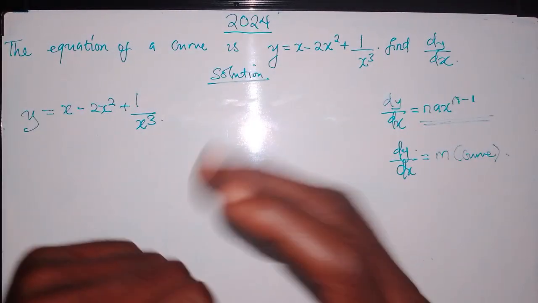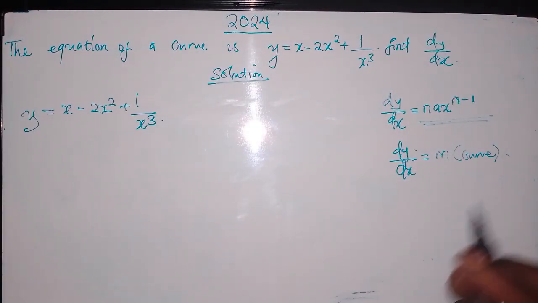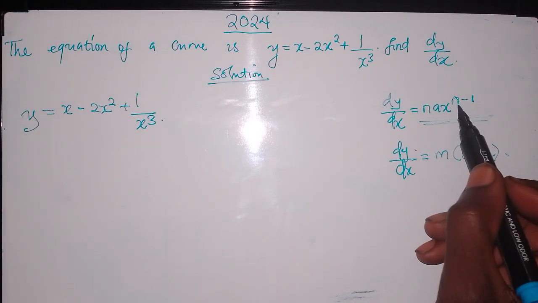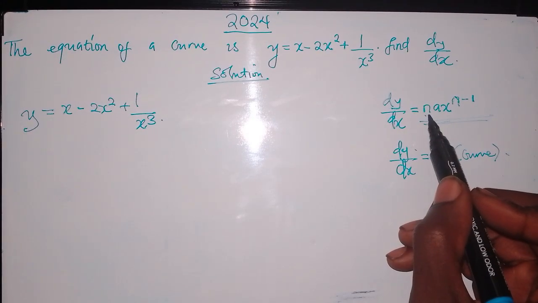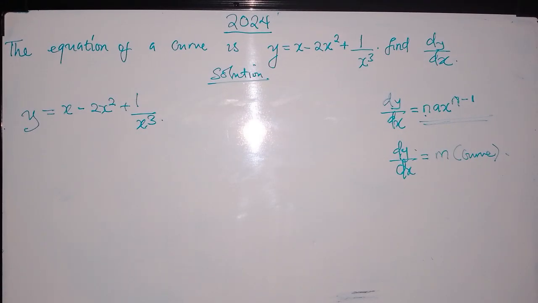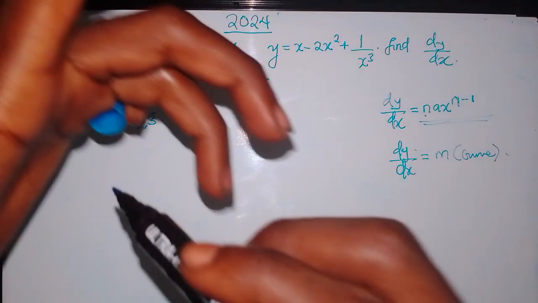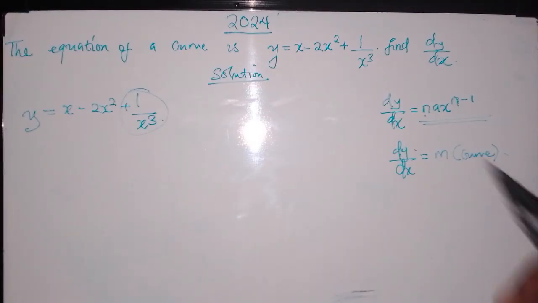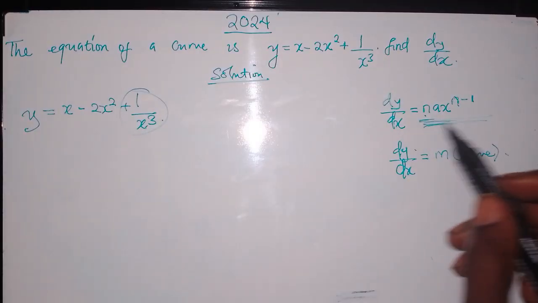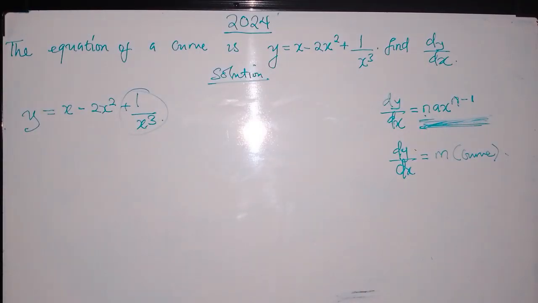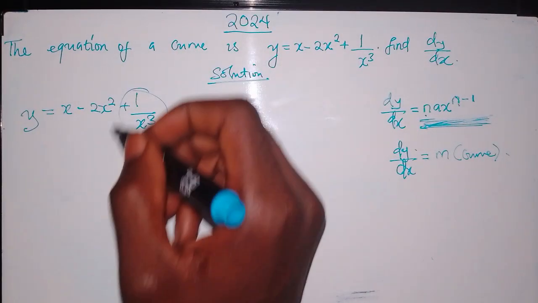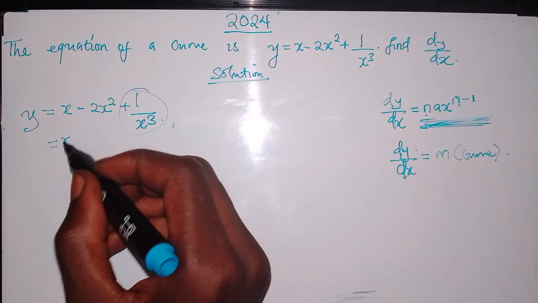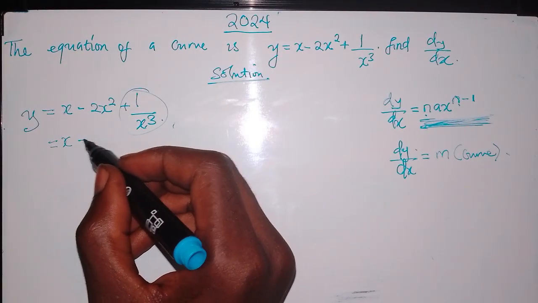So let's begin. We said that the power first has to multiply the number in front. But before we begin, you have to rewrite this one, because in our formula we don't have what? A fraction. So how can you rewrite this? I've said a lot in my previous video.